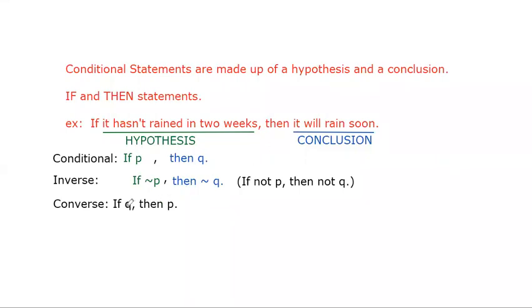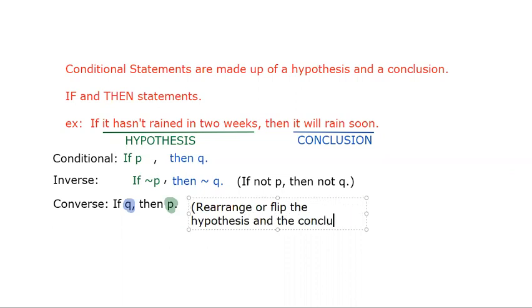Your original conclusion is now your hypothesis, and your original hypothesis is now your conclusion. You simply rearrange or flip the hypothesis and the conclusion to get the converse.